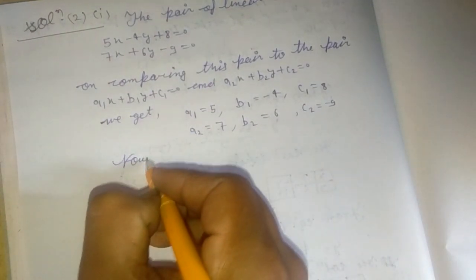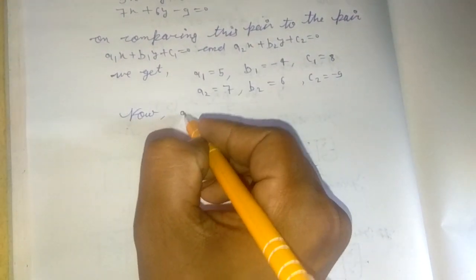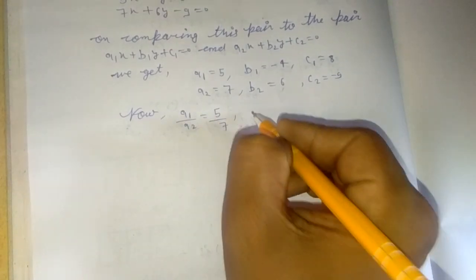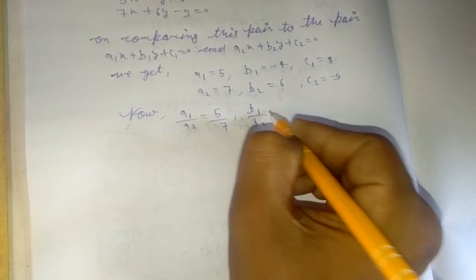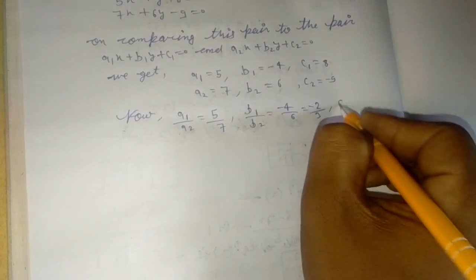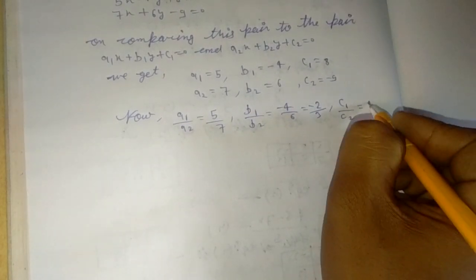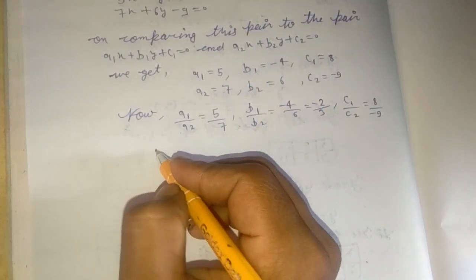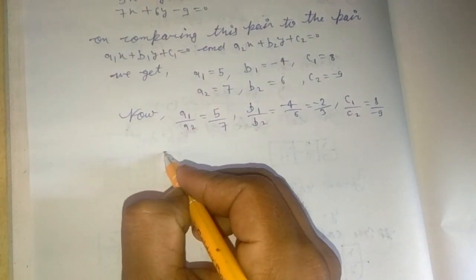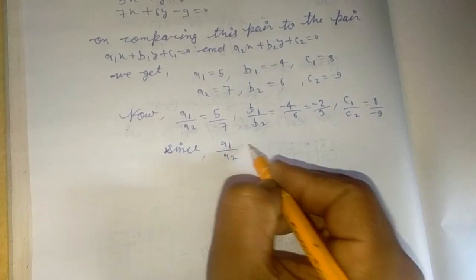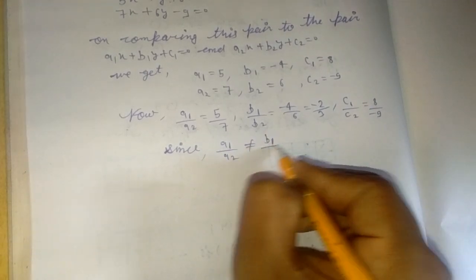Now a1 upon a2 equal 5 upon 7, b1 upon b2 minus 4 upon 6 means -2 upon 3, c1 upon c2 8 upon -9. Okay, so we can observe here a1 upon a2 does not equal b1 upon b2.